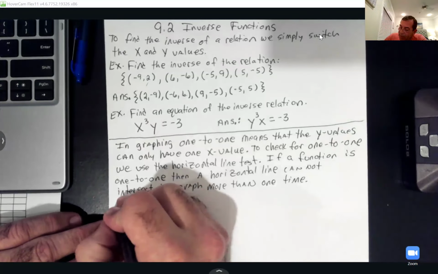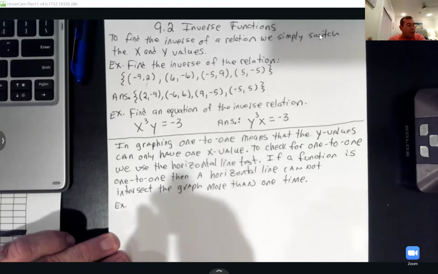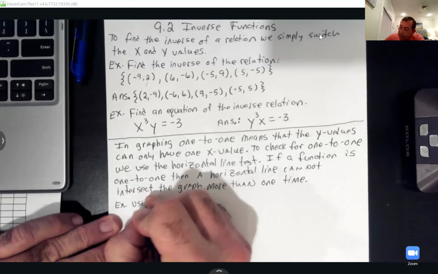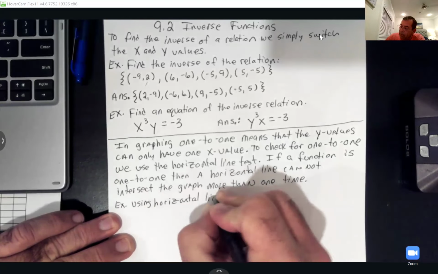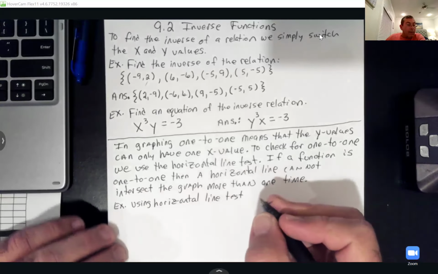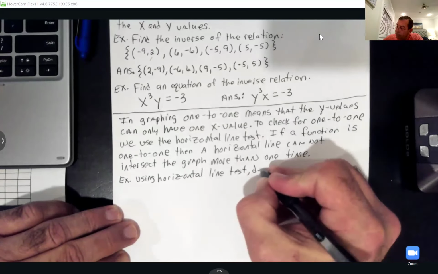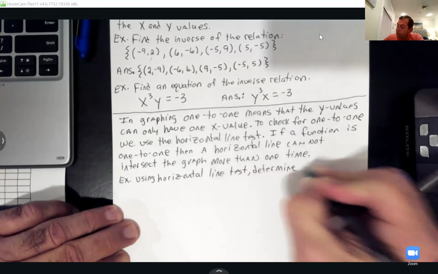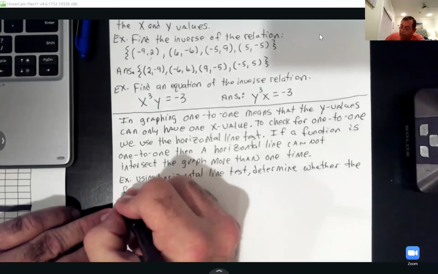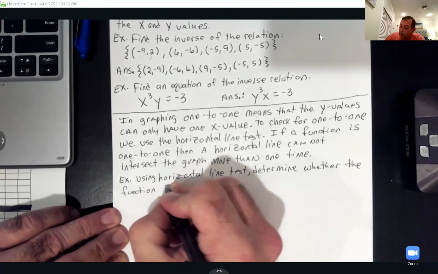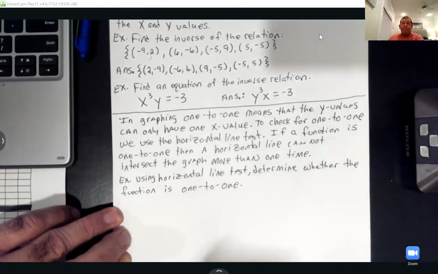So we'll look at a few examples doing that. And these will say, using the horizontal line test, determine whether the function is one-to-one.